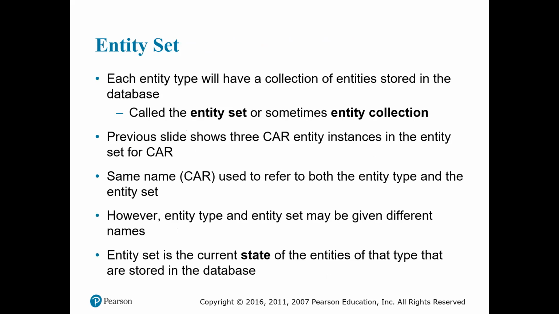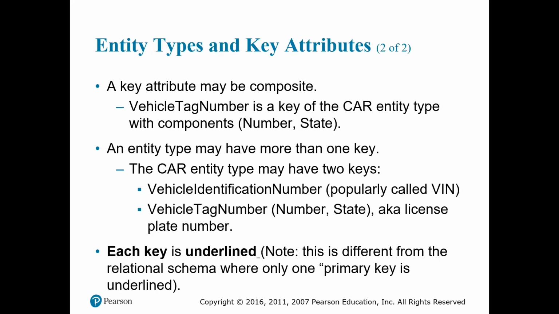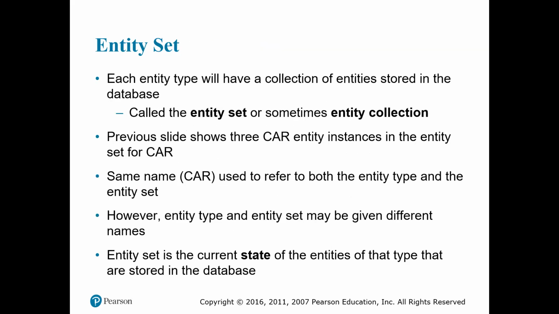So we had three car entity instances in the previous slide show. I don't see that. I think it's in the book. I don't think it was in the slide. The car refers to the entity type and entity set, but they don't have to be the exact same name.